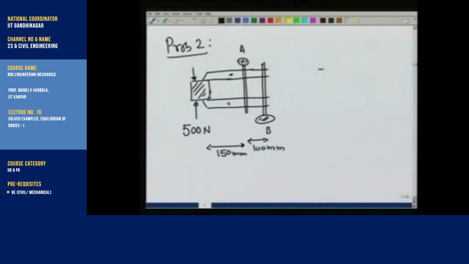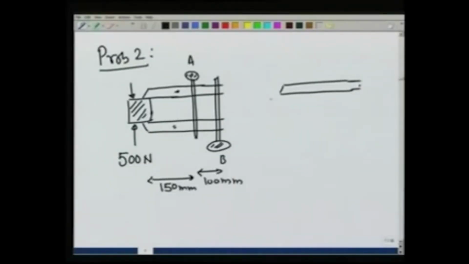So, let us look at the upper clamp. On the upper clamp, there is going to be a force of 500 newtons in the direction opposite to the force it is applying on the block, and the screw would apply a force like this, let us call it A, and the other screw applies a force in the opposite direction, B. You can see right away I made the forces act in opposite directions, because that is how I would balance the torque and the forces.